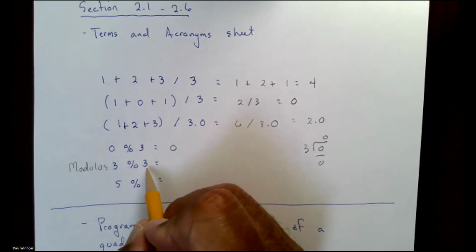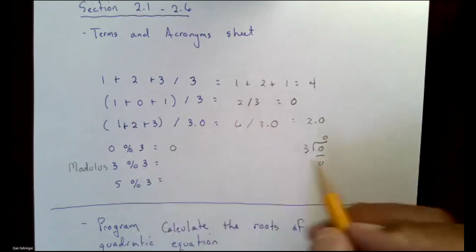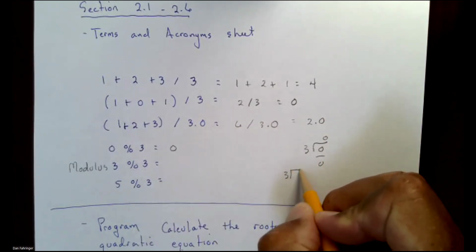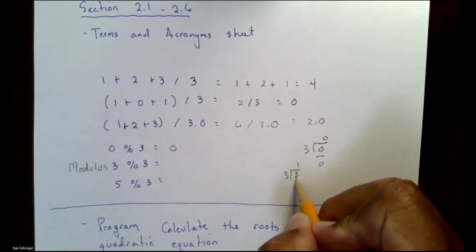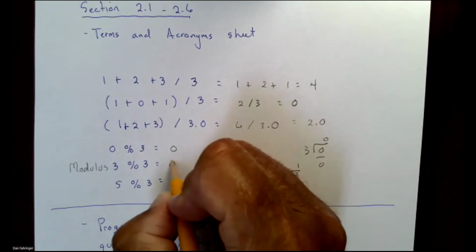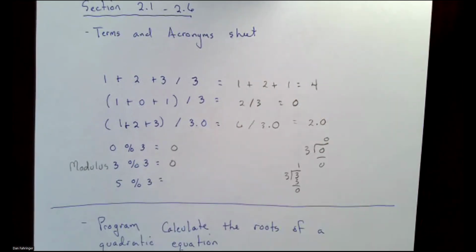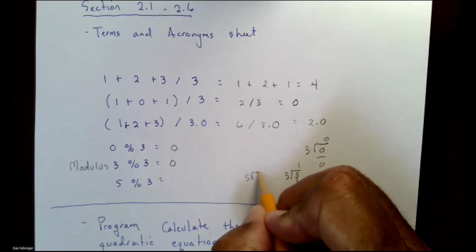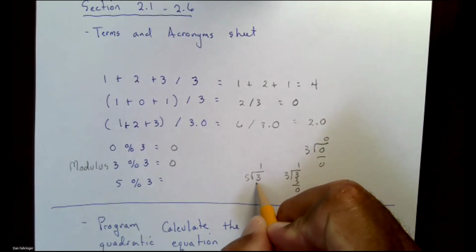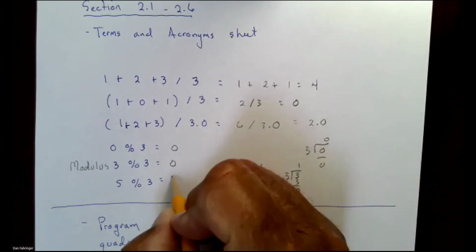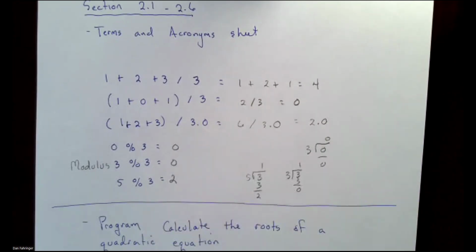If I divided 3 into 3, it goes 1 time with the remainder of 0. If I divided 5 into 3, it goes 1 time with a remainder of 2. So modulus is remainder. Modulus stands for remainder.